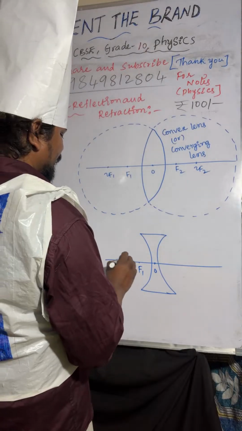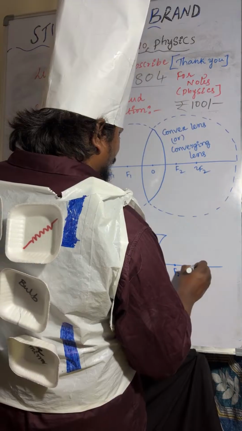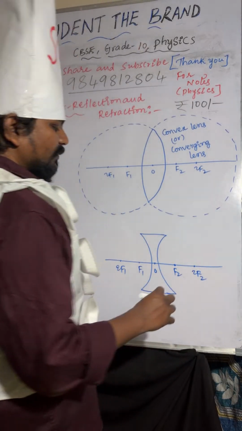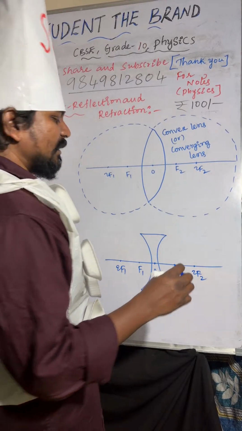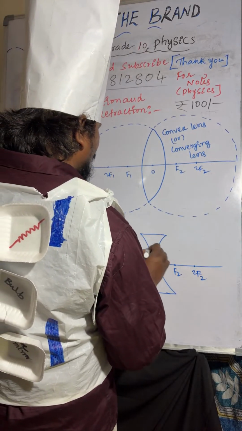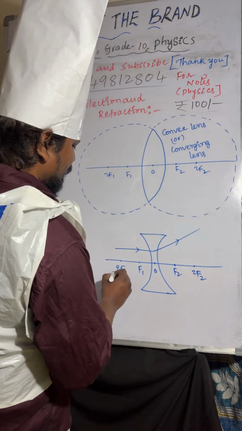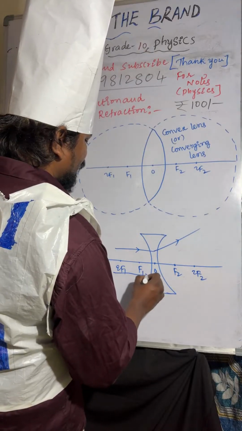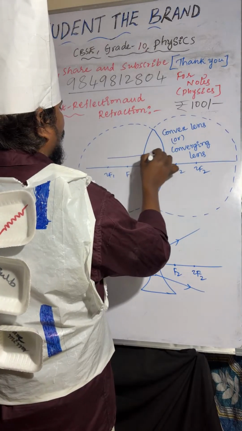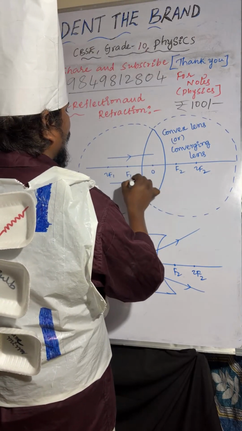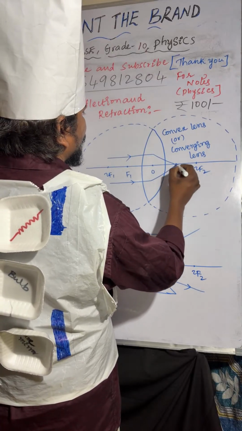Optic center, F1, 2F1, F2, 2F2. Here, light rays are coming from infinity. In a convex lens, after converging, those light rays will meet at one point.